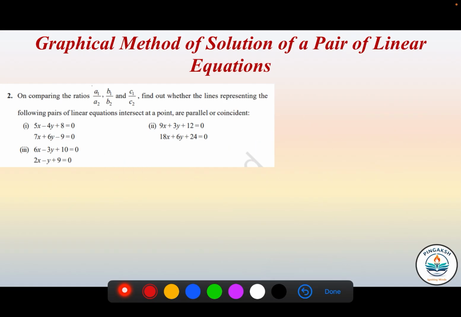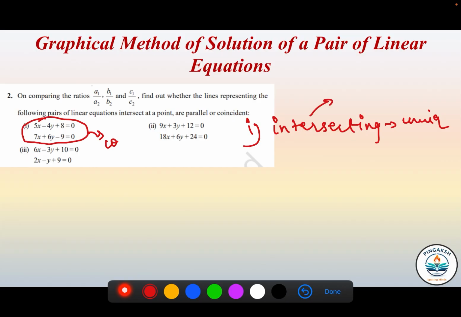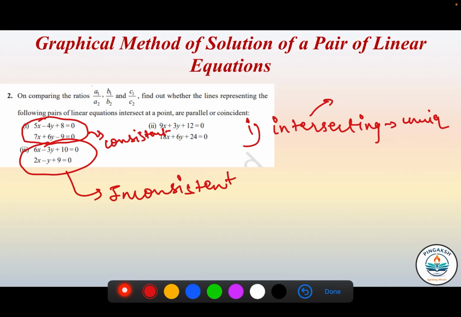So the first pair of equations has an intersecting point, so they have a unique solution, and they are called a consistent pair of equations. Consistent because there is a solution, and these have no solution, so they become an inconsistent pair of equations.